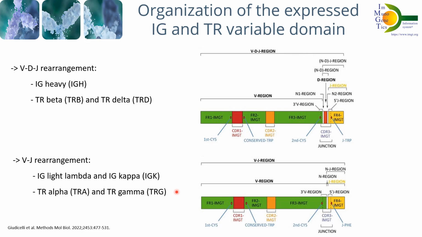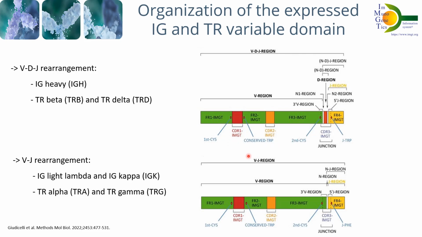IMGT's unique numbering for immunoglobulin and T-cell receptor V-domain delimits the four framework regions, FR1, FR2, FR3, and FR4 IMGT, and the three hypervariable or complementarity determining regions involved in the antigen binding, CDR1, CDR2, and CDR3 IMGT.